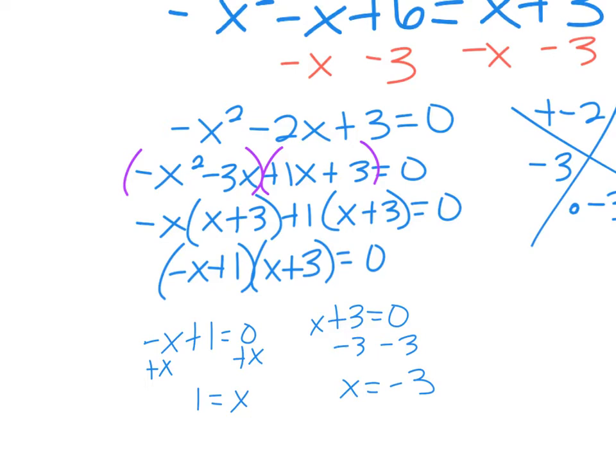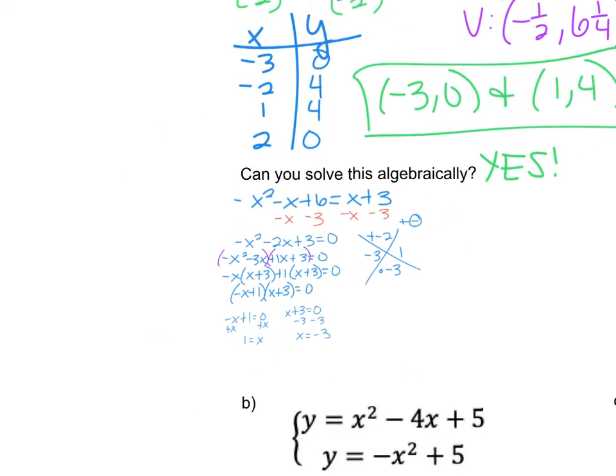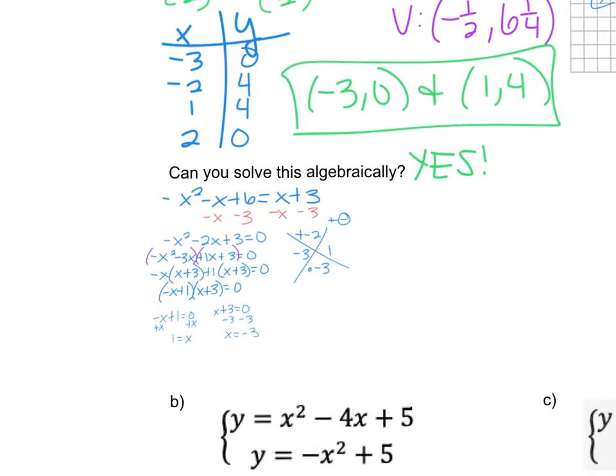Wrong. Okay, so if you remember, we're looking for an ordered pair. Do you notice that the 1 is the x value there, and the negative 3 is the x value here. There is a relationship. So after you solve for both x's, you plug, let's write this down.